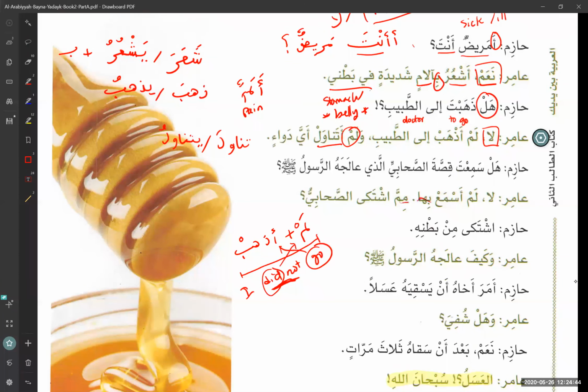This is a broad word. It can mean a lot of things. So here it means to take. Okay, to take. So I didn't take ayya. Ayya means any. It could mean which, but here it means any. Dawa. Dawa is medicine. Okay. So I didn't take any medicine.